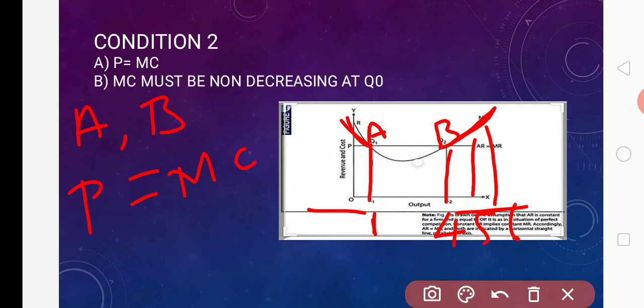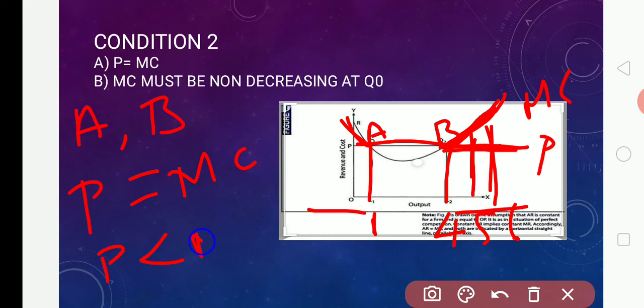Q5 and Q6 tell that the firm's marginal cost is upward sloping. When it is upward sloping, the price line is below. This horizontal line is the price line. The price line is below the marginal cost, that means the price is lesser than the marginal cost.